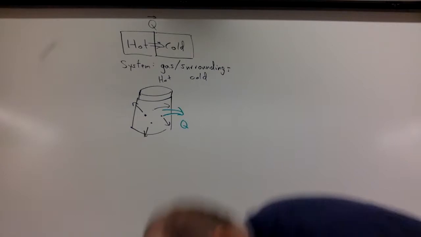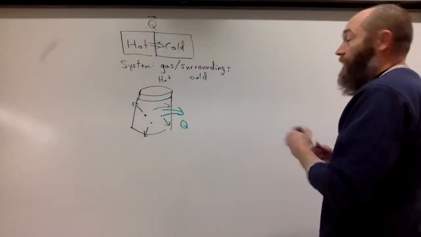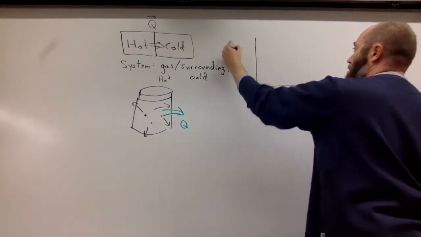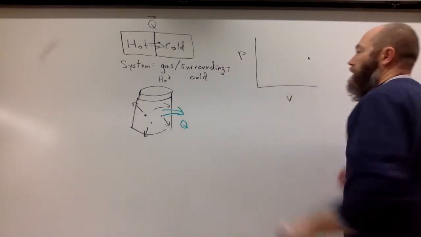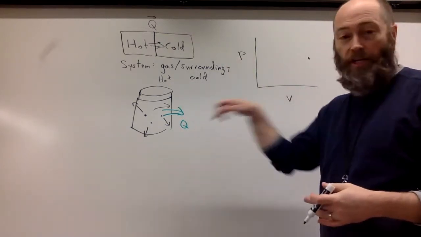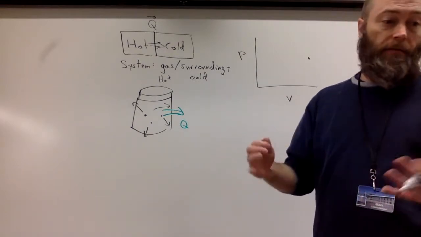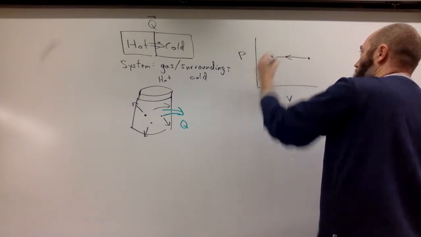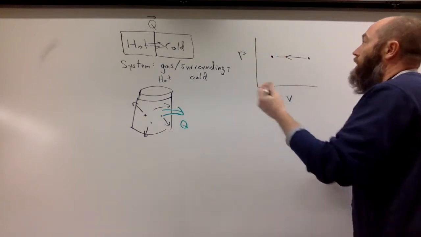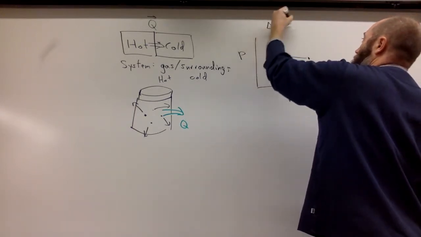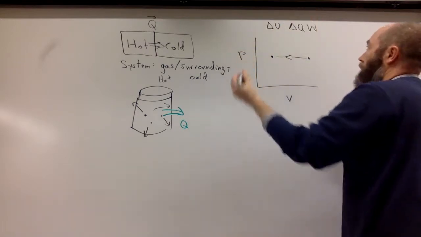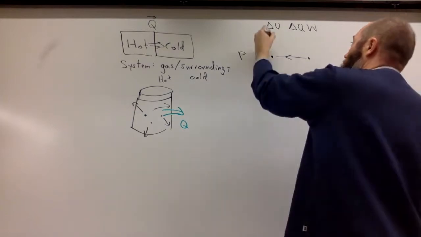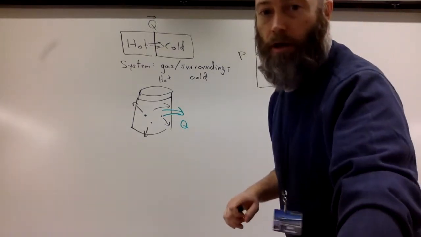If we talk about some different examples of how that could actually happen, let's pretend we have an example like this. If I want heat to flow that way, I am compressing it, going from A to B. If you think about your delta U, delta Q, and work, my temperature is going down, so delta U is negative.